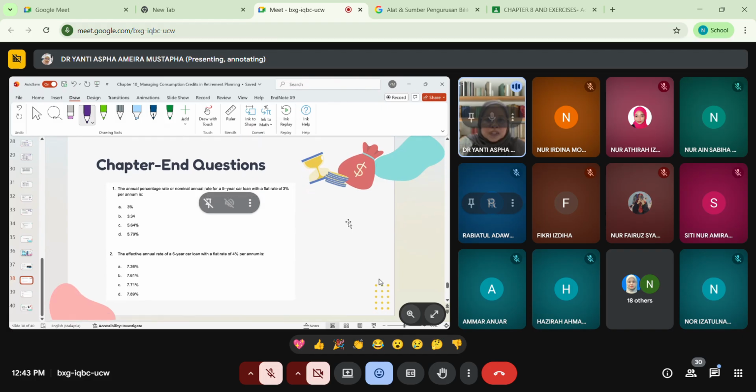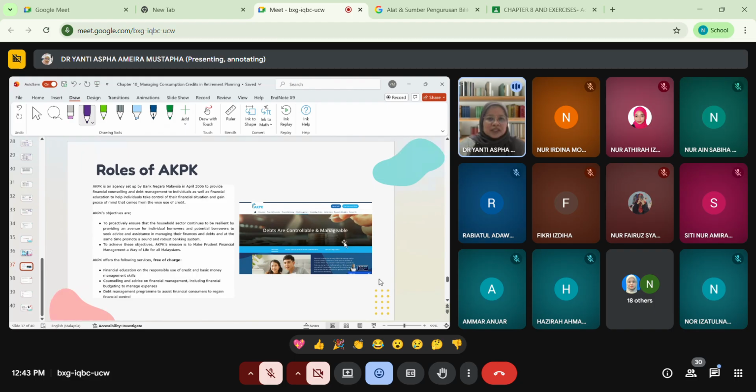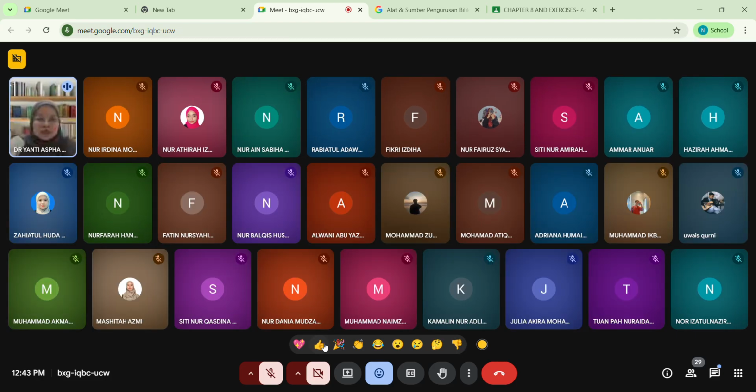Inshallah tomorrow we shall try the chapter end questions. Hopefully you can follow the lecture in calculating the EAR, whether using the formula or using the calculator. Ada juga formula and then boleh guna calculator as well.